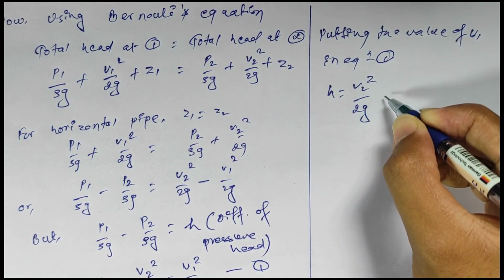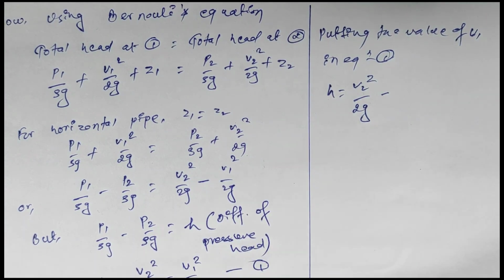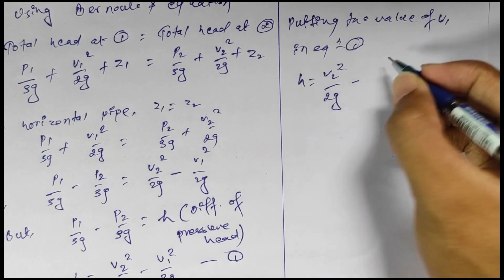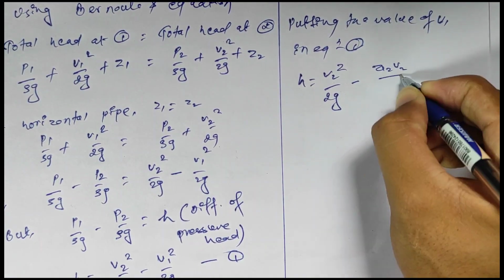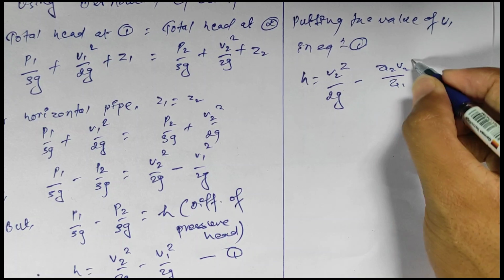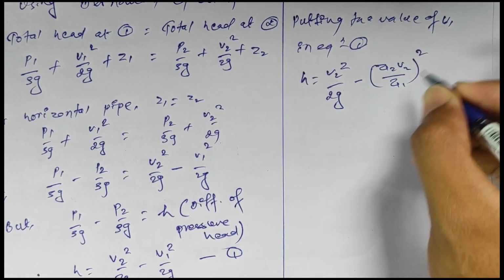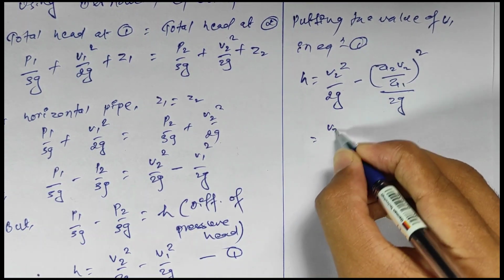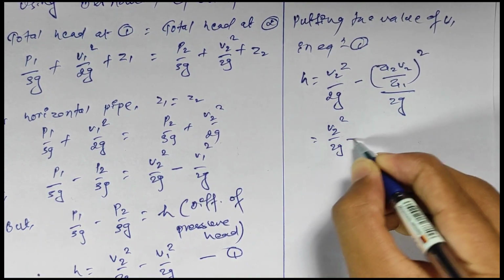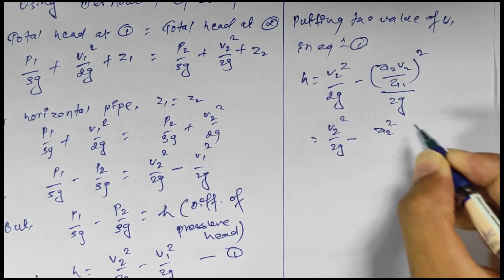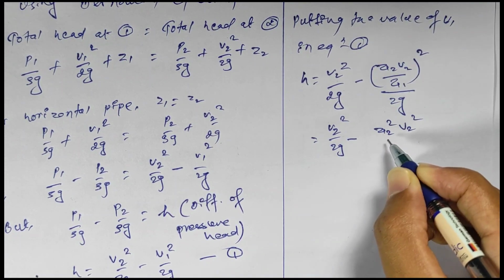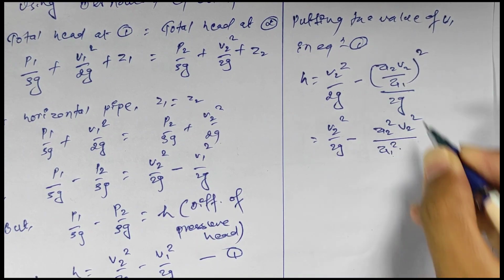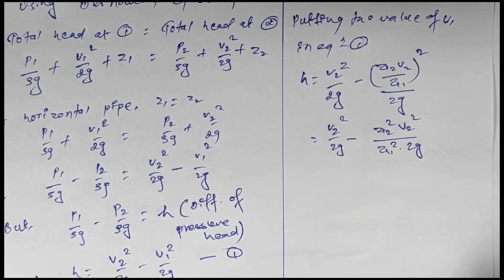equation first becomes H equal to V2 square by 2g minus V1 square by 2g, where V1 means A2 V2 by A1. So this becomes V2 square by 2g minus A2 square V2 square by A1 square into 2g.